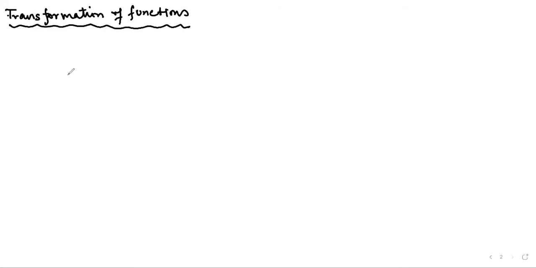First of all, reflection. Reflection in x-axis.